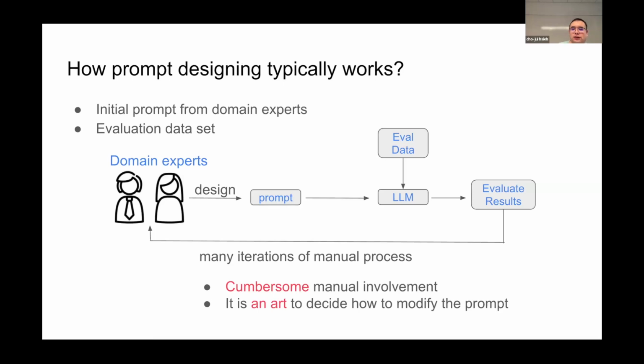So how does prompt design typically work? Usually the prompt engineer or the domain experts design some initial prompt. They pass the prompt to the LLM to get some results, to get some evaluation, and then based on the evaluation results, you can look at the results and refine and improve your prompt, and then you do this again and again to converge to some good prompt. So this requires a lot of human involvement.